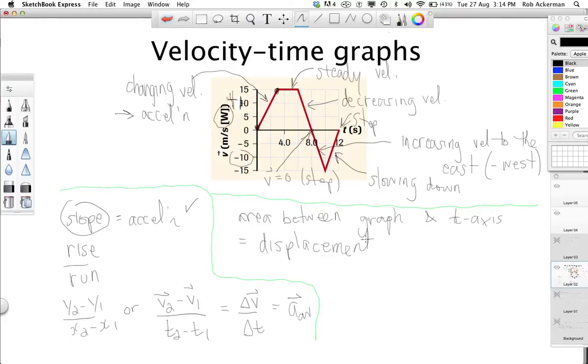during that interval. So for example, if I look at this triangular area here, I know that the formula for a triangle, as an example, let's do the area between 8 and 12 seconds.